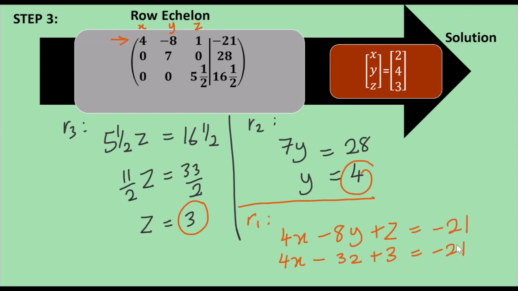When we bring it to the right hand side, we would have negative 21 plus 29, which is 8. So 4x equals 8, which gives us x as 2. And then we could write the solution as this. We have x as 2, y as 4, and z as 3.